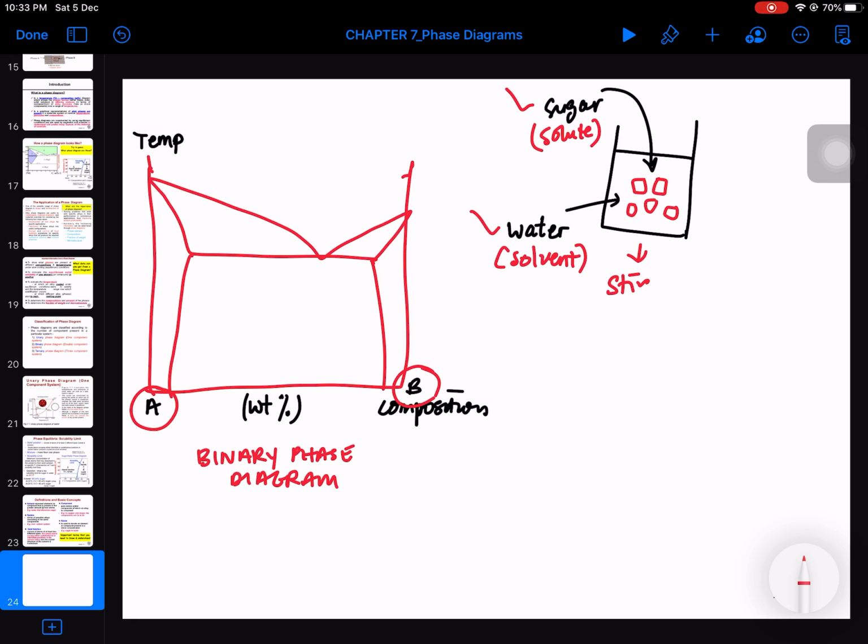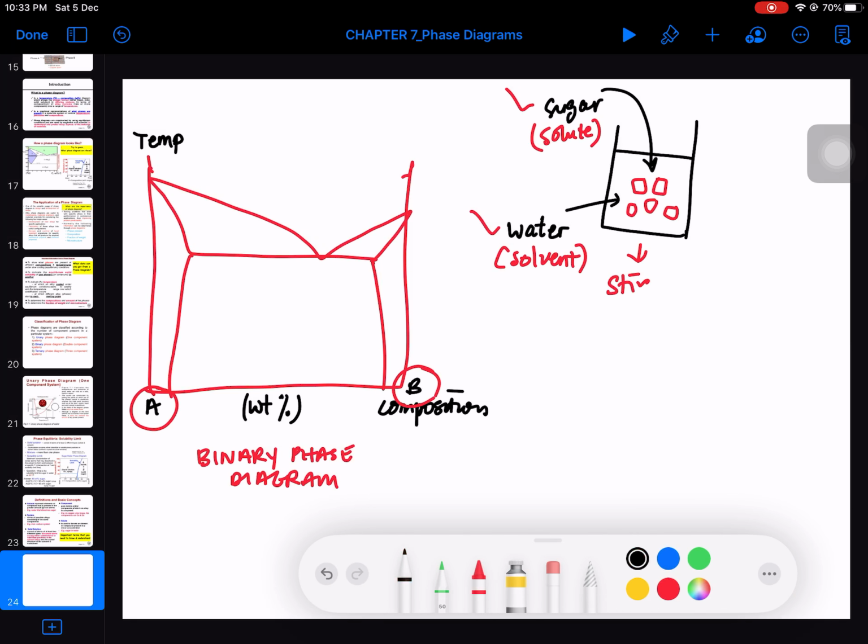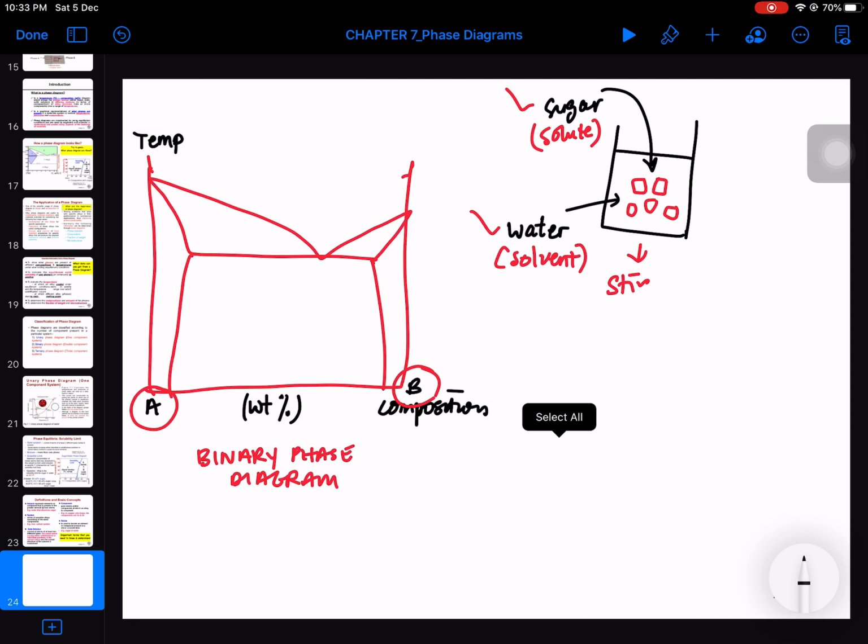Once it dissolves, we can no longer separate the sugar and the water. So it becomes a syrup liquid, which means sugar has completely dissolved into water and become the solution.